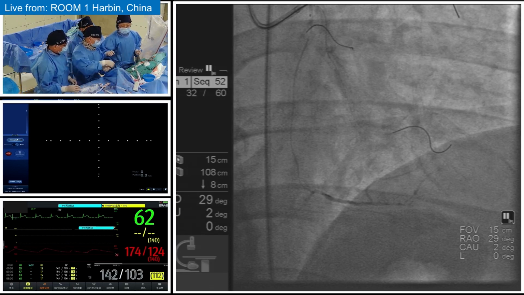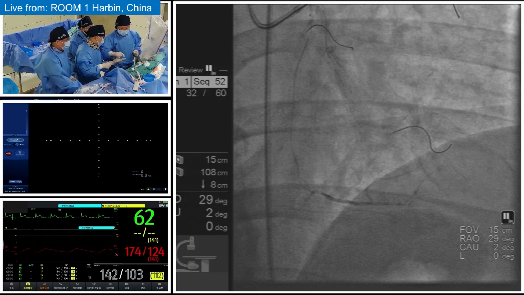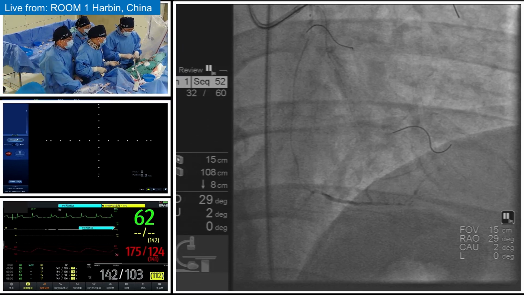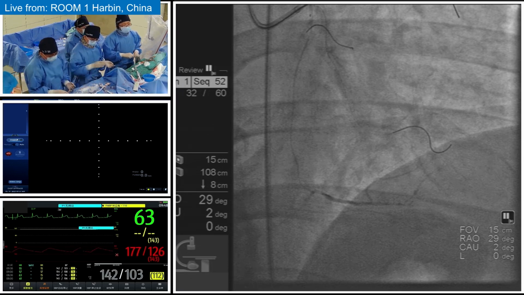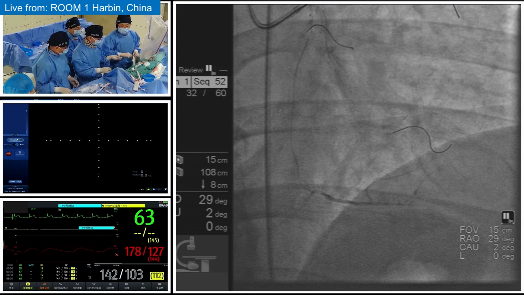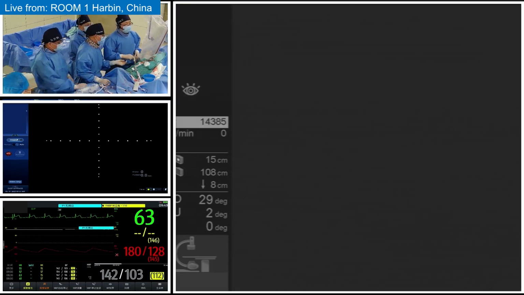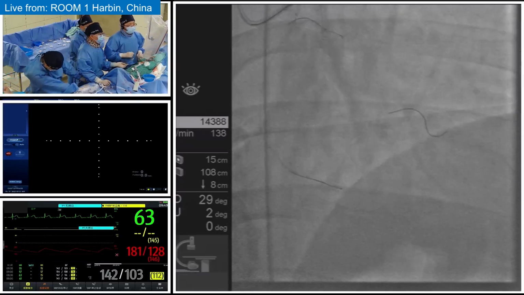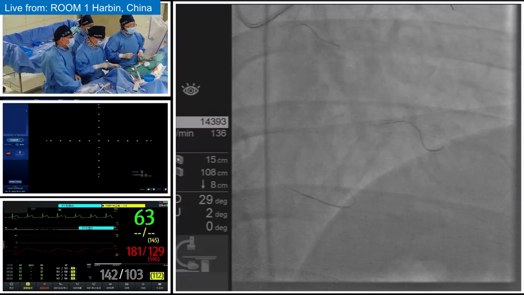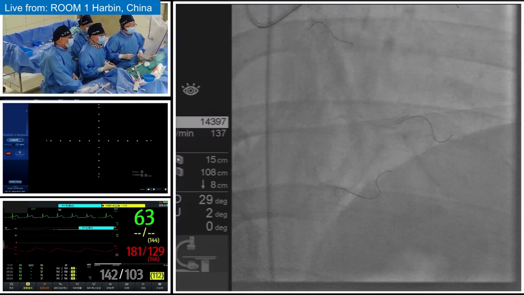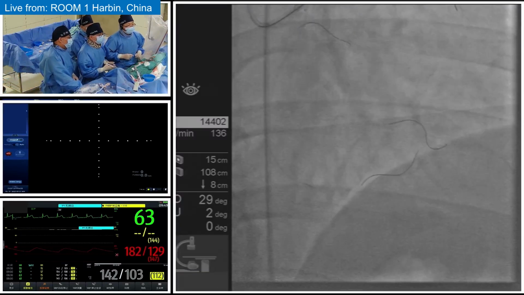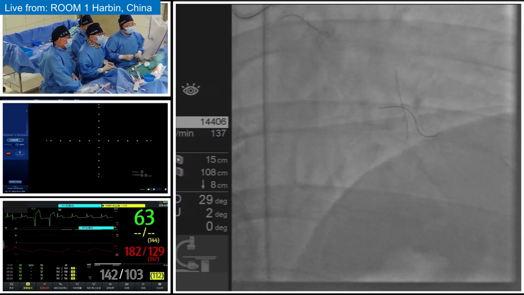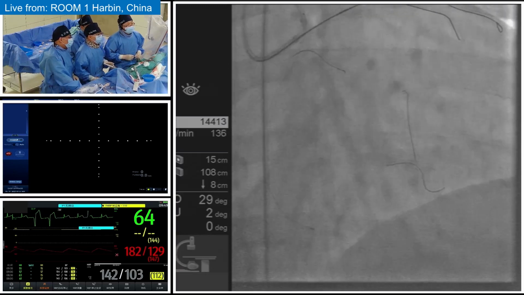It seems it's connected to some septum, but it's unknown whether it's usable or not. Okay, should be this one.